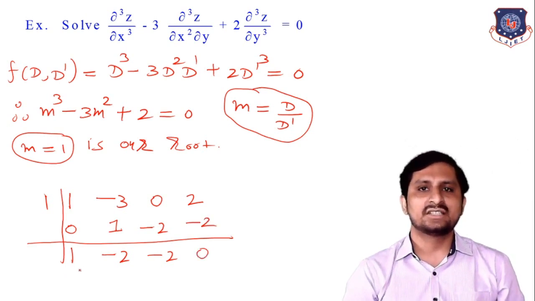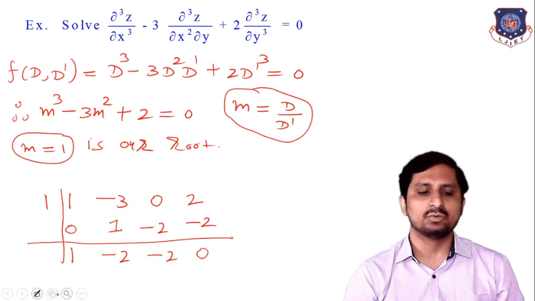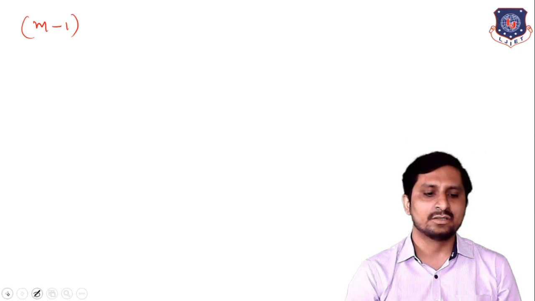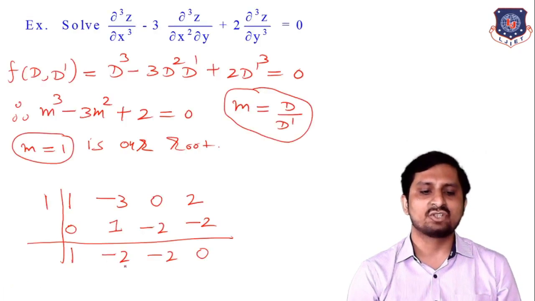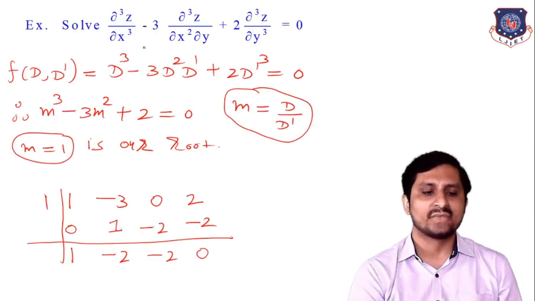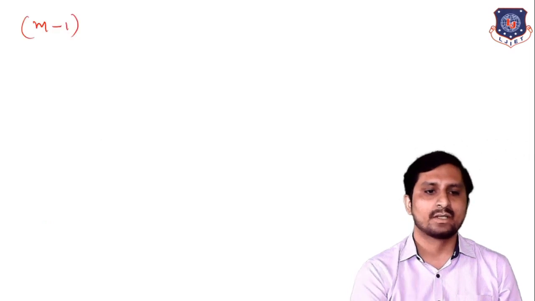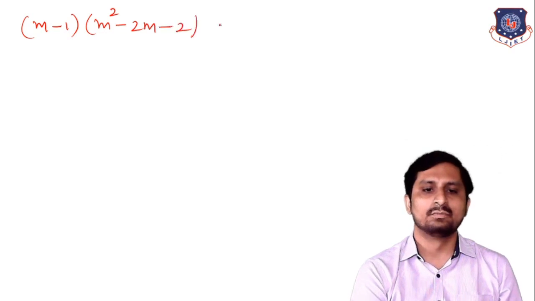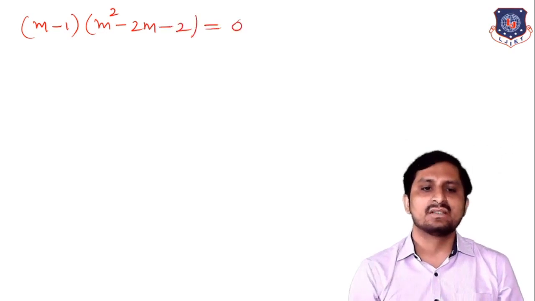So the other factorization is m square minus 2m minus 2 equal to 0. So I can write one factor is m minus 1, and the second factor is m square minus 2m minus 2 equal to 0.